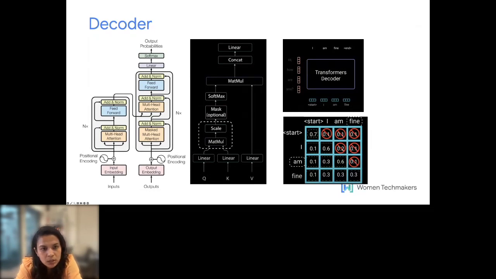So this goes in a loop until it receives an end token, and that's how it generates the output. If you see here, we feed in start, then start I am, then start I am fine, and then we get this end operator over here, and that's when the process stops.